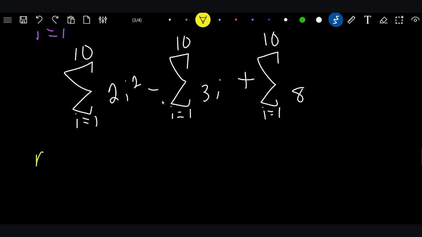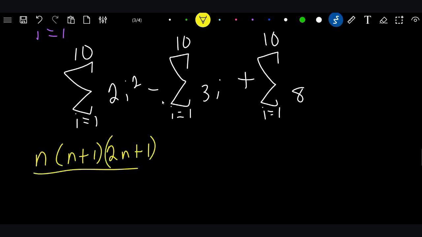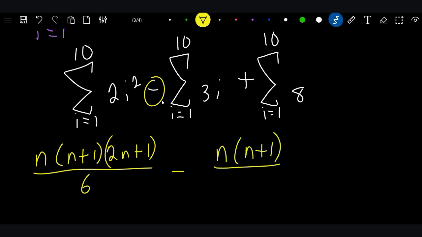So this one's going to be n times n plus 1 times 2n plus 1, that's the squares, divided by 6, minus, whatever we get there, minus, this one's just the regular one, so this one's just n times n plus 1 divided by 2, plus this one, and this one is the one with just a constant. It doesn't have the I there, and so that one is just Cn.